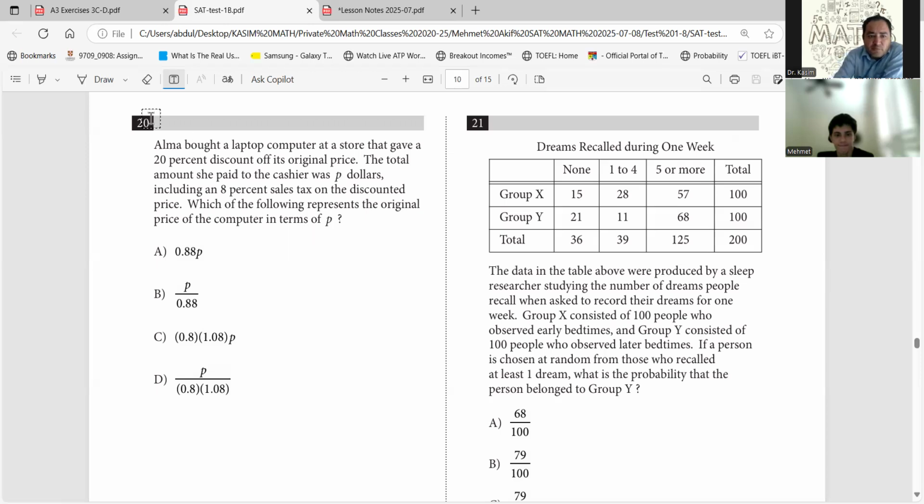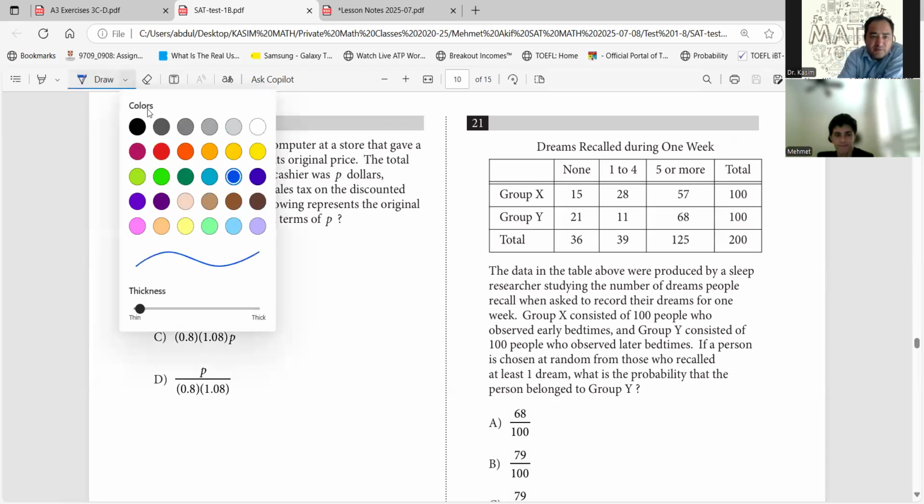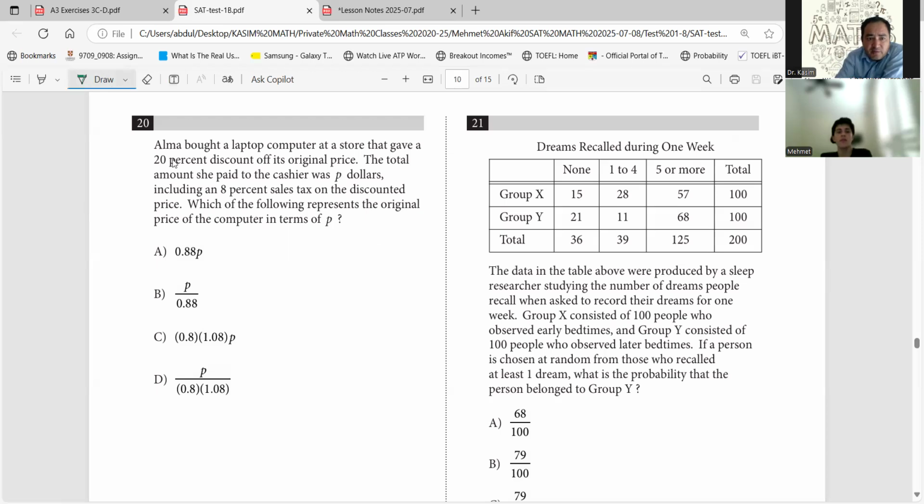For the original price, I would suggest to solve like this. We have to find the original price. Do we know the original price? No. Suppose that the original price is X dollars. Number one, first you got 20% discount.